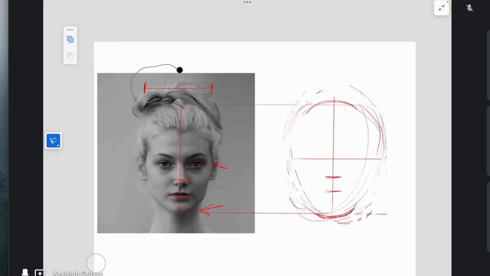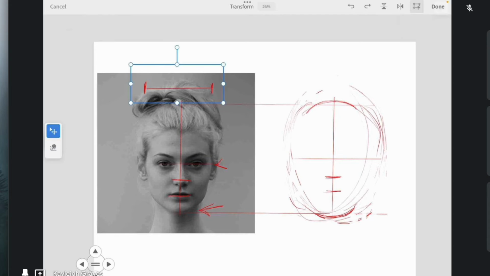Let's try this again. Okay, there we go. So I know this is the width of my head. If I were to rotate that, I could then see how the width of my head compares to the height of my head. So I have 1 and about 3/4 height as opposed to the width.